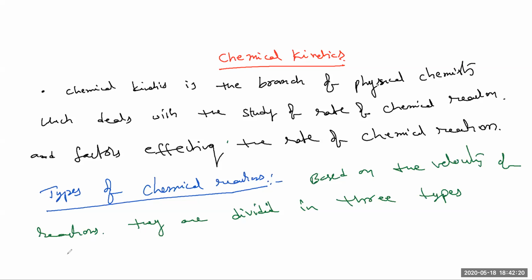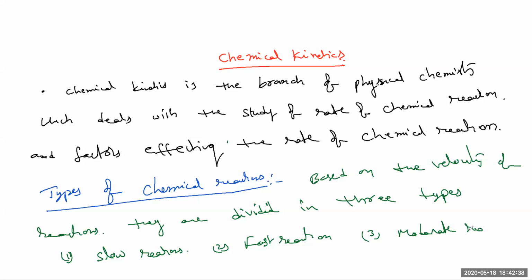The first one is slow reactions. Second is fast reactions. Third is moderate reactions. Now note it down, then one by one we'll discuss.